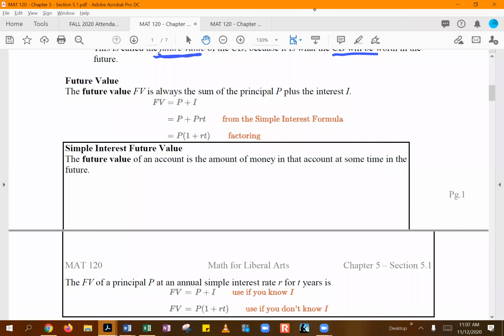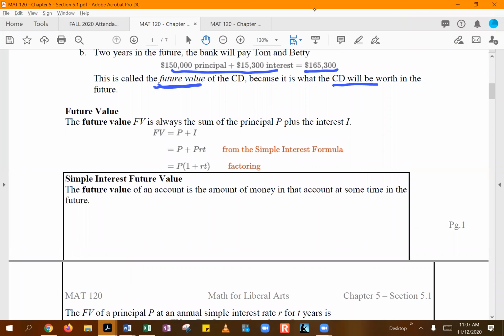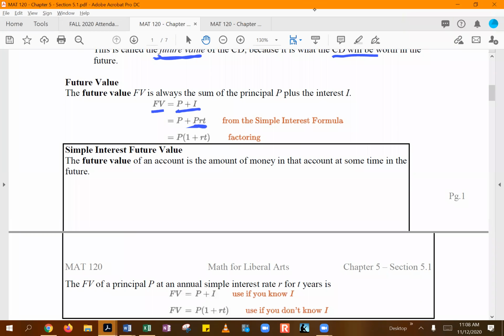So just to introduce a new formula, you add your principal plus interest to get your future value. Now remember, our interest formula is PRT. So what you can actually do is take this common P outside, and from the first one where you had that single P, since we took the P outside, we put a 1 as a placeholder.